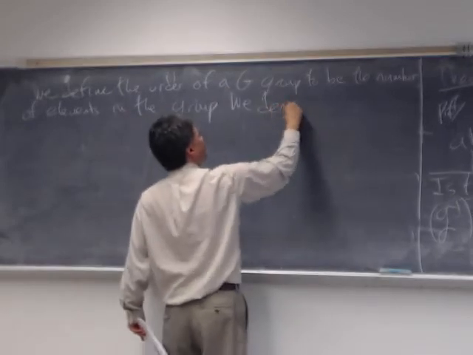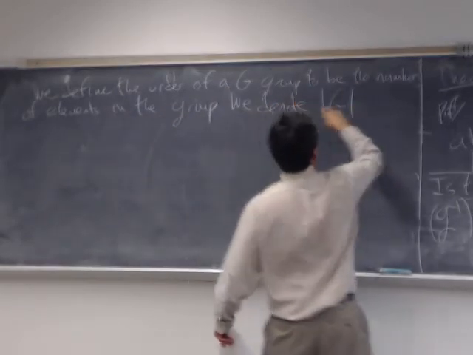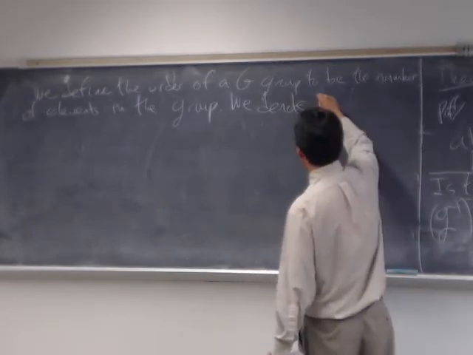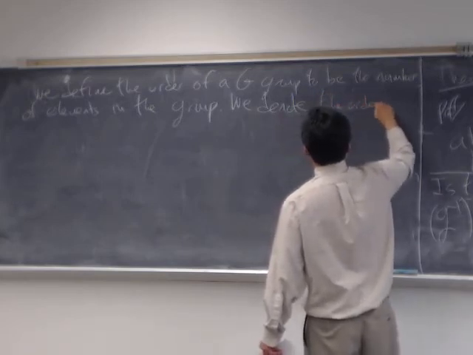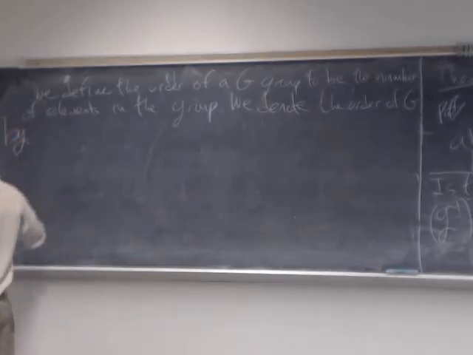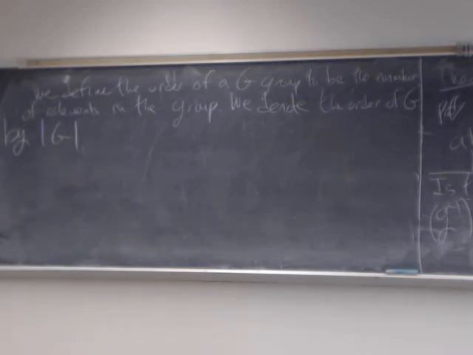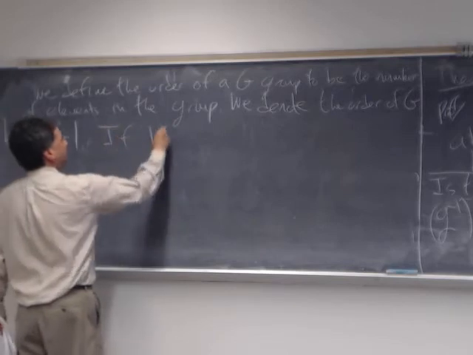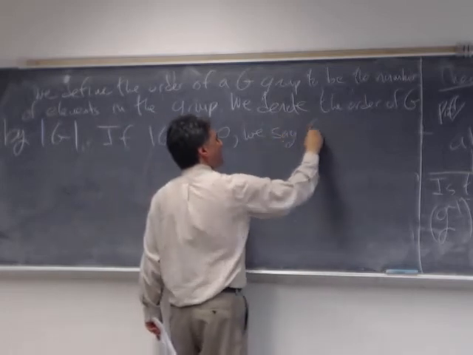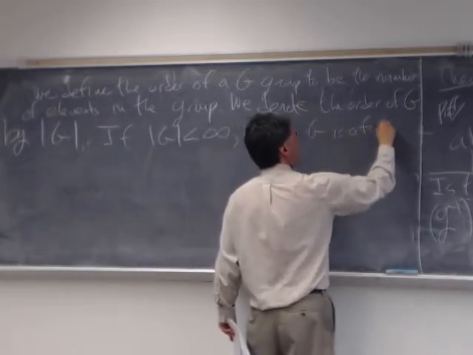And what's the symbol? They actually use absolute value. They put those bars on it. We denote the order of G by that symbol. And if this order is finite, if it's less than infinity, we say G is a finite group.